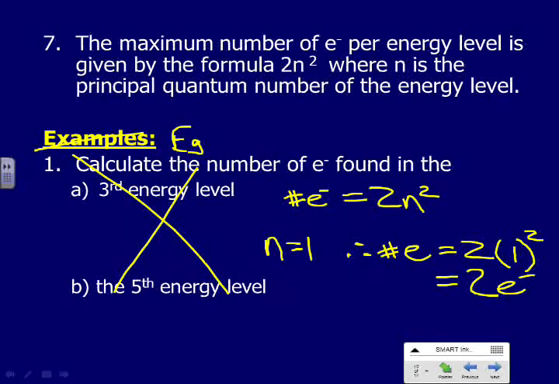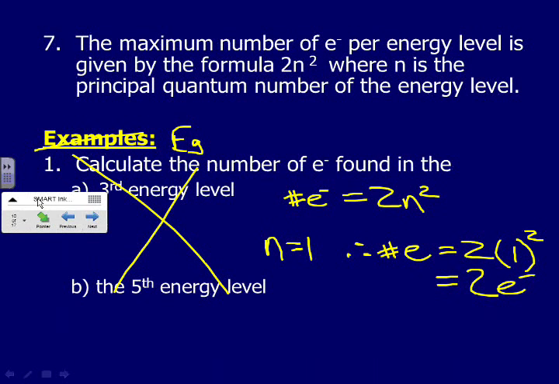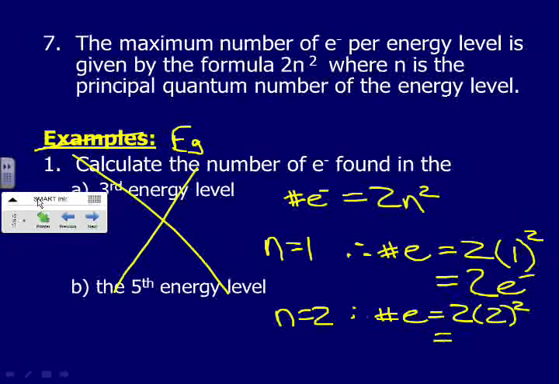Let's look at the second energy level. If n is equal to 2, number of electrons equals 2, 2 squared. What's the answer? Yep, 8. 2 squared is 4, times 2, 8.